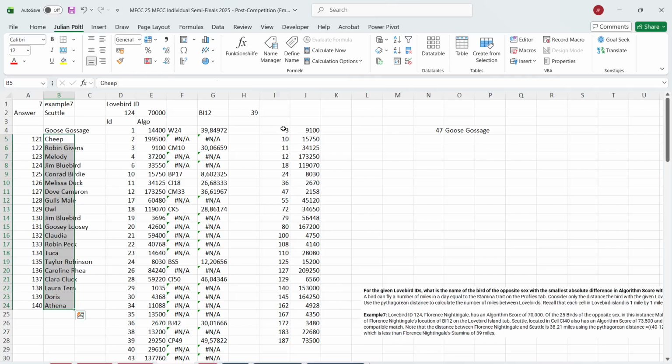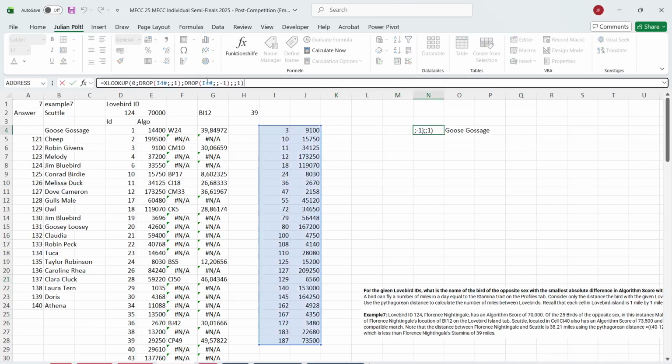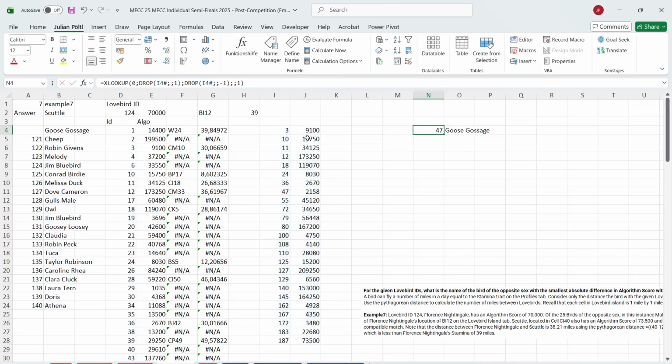$25 should be within distance. I have 25. I'm an idiot.